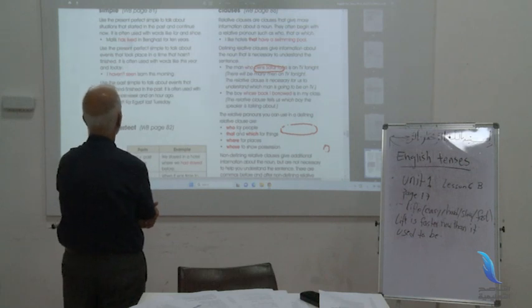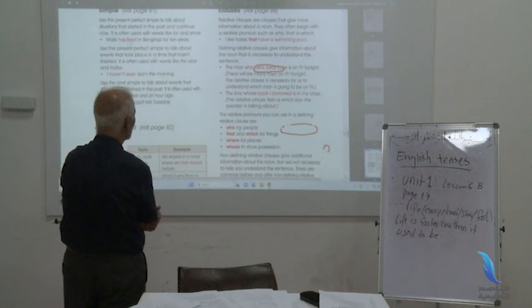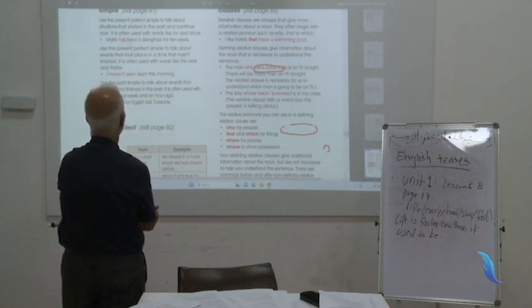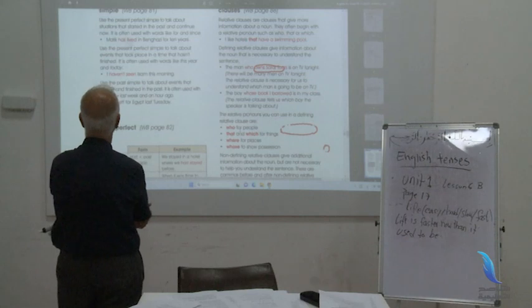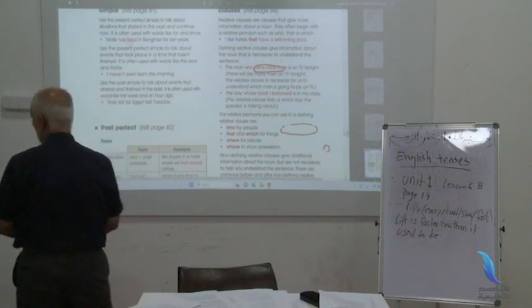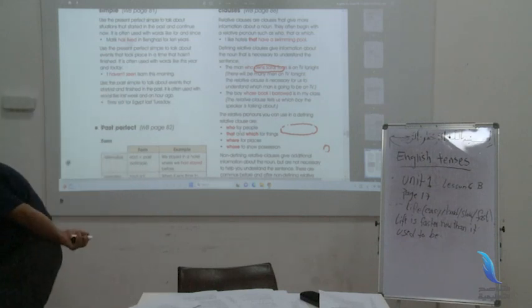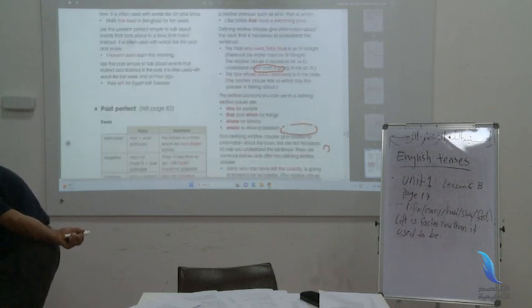It's often used with words like last week and an hour ago. They left for Egypt last Tuesday. So you can see where to use present perfect and where to use past simple. Okay, let's have a look at this one.